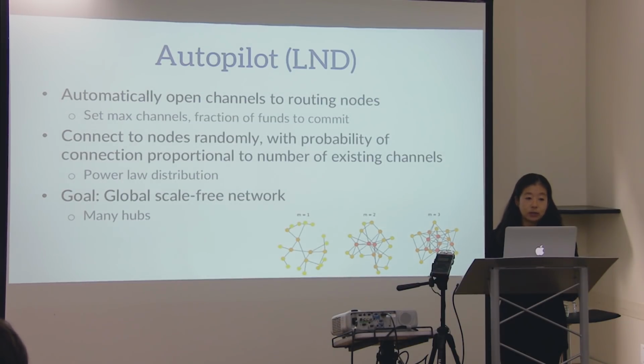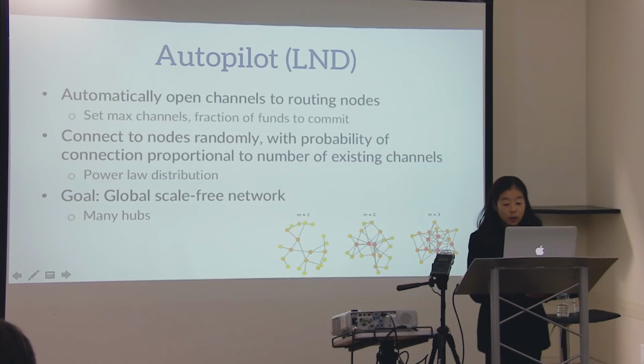So nodes that already have a lot of channels have a higher probability of getting more channels open to them. And it will ultimately result in a lot of hubs, a lot of nodes with lots of connections. If everyone were to use Autopilot, we would end up with a scale-free network.